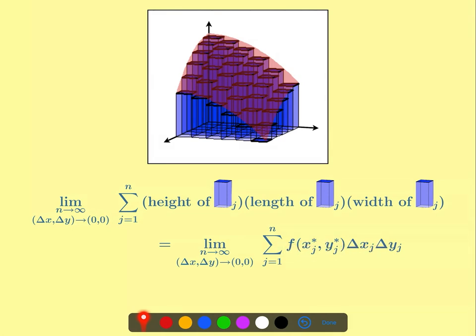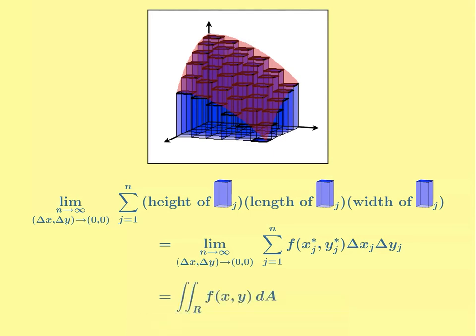And this just gets replaced with f of x, y. So this is what we have. R here represents the region in the xy plane that you're integrating over. In this case, it looks like a rectangle on the bottom there. We have our height f of x, y, and dA, again, is going to be dx dy or dy dx.